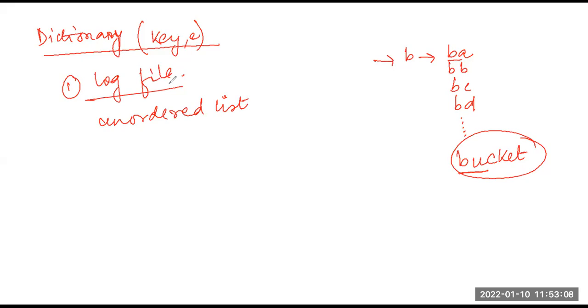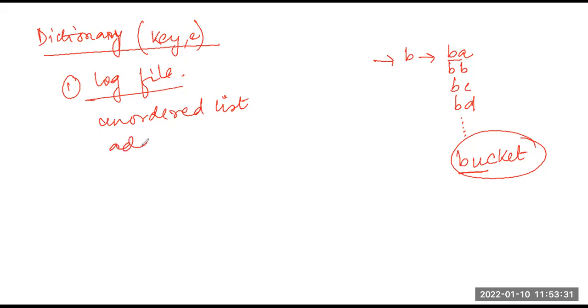A log file I am maintaining. First one student has joined, I have stored his record. The next day another student came with the assignment, I stored his record. The third day another student came. I'm not maintaining any serial order. First maybe roll number 10 has submitted, then roll number 12, then roll number 1. So it's an unordered list. As it is coming, I am storing.